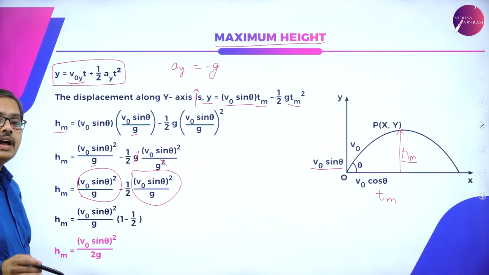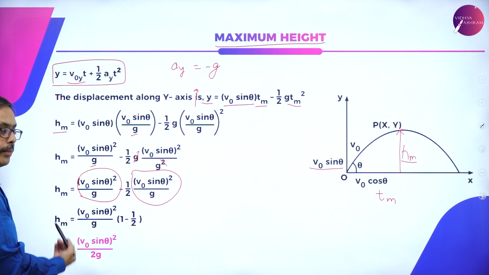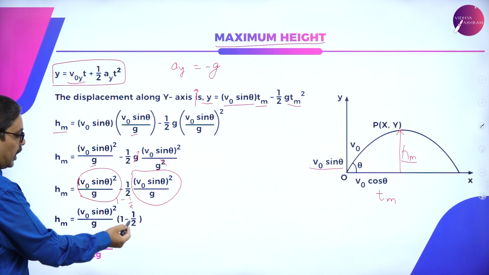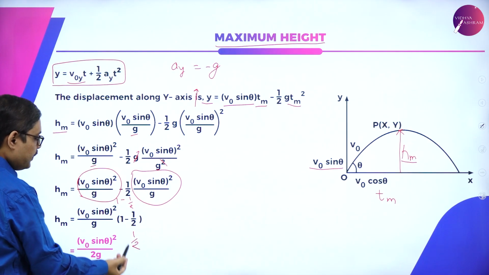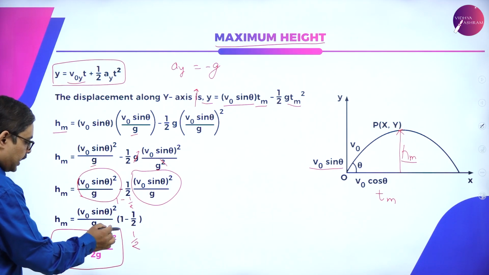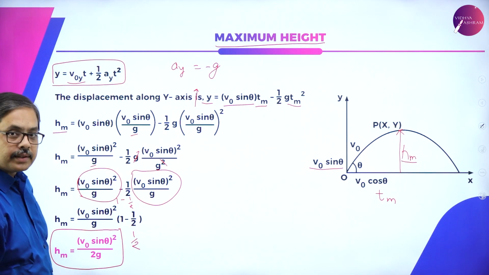So I take V naught sine theta whole square by g as common. What is left? 1 is left here, minus half is left here. 1 minus half becomes half. So 2 comes to the denominator. So the expression for maximum height of a projectile is given by V naught sine theta whole square by 2g.